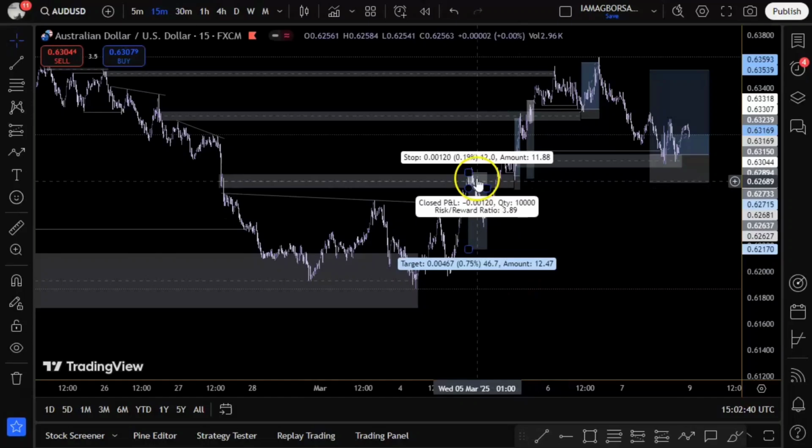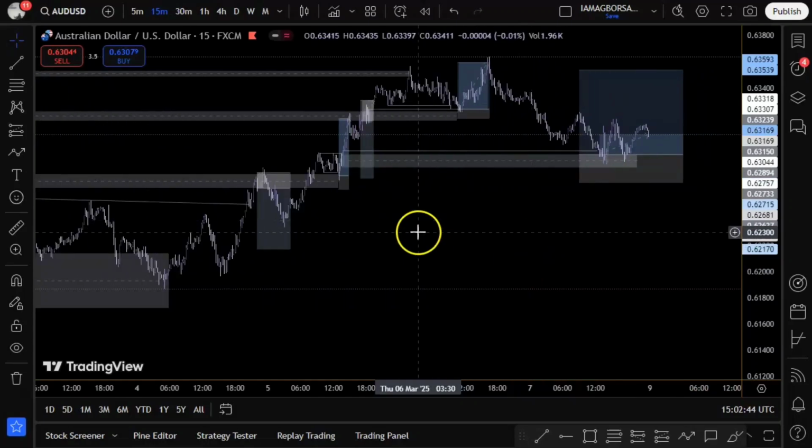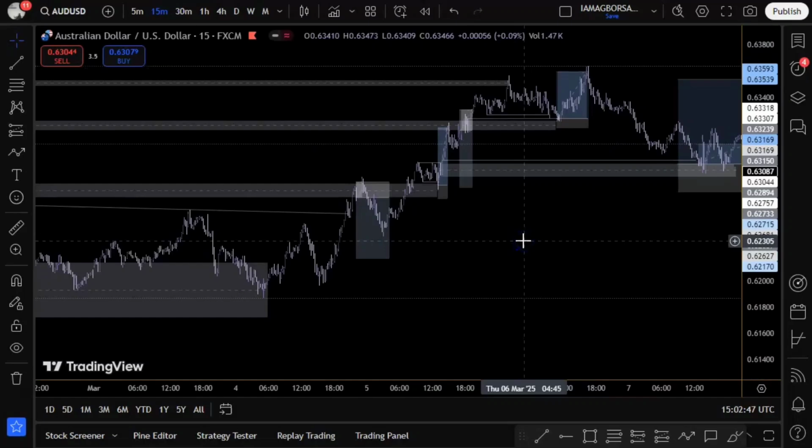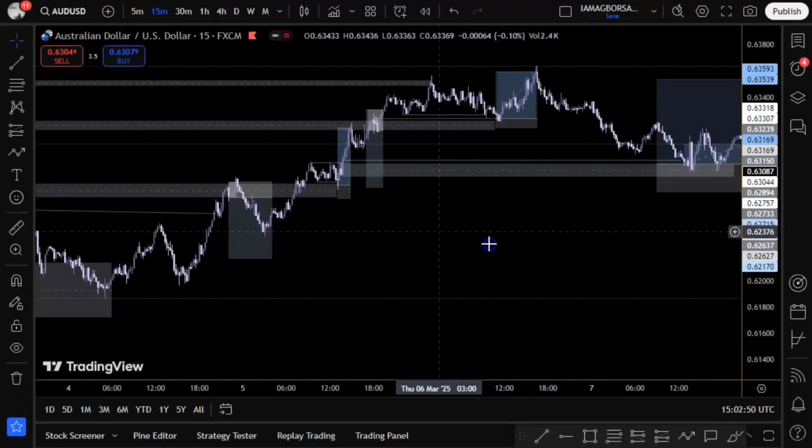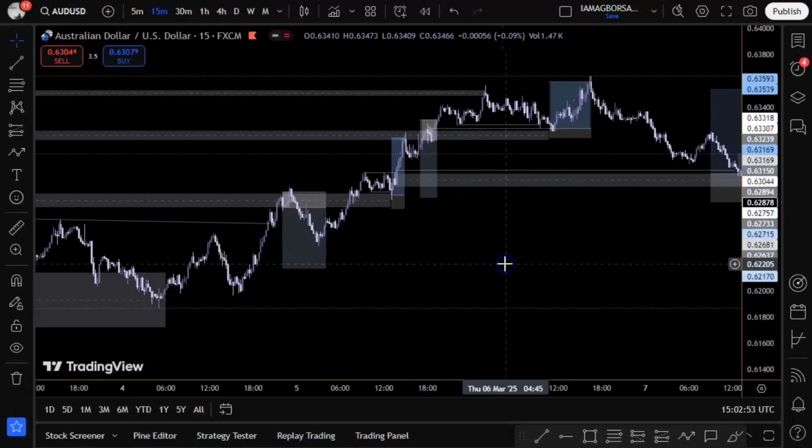Then the market moved. We went down to a higher time frame to understand what is actually going on, where we are currently in the market.